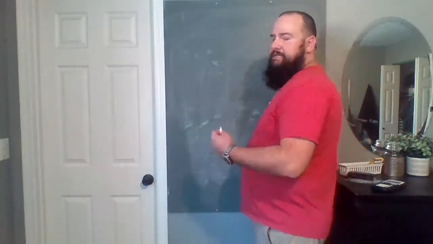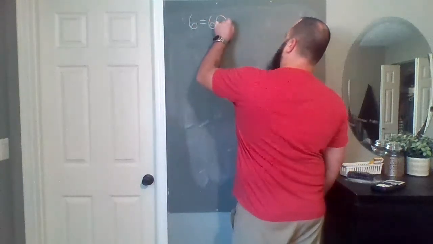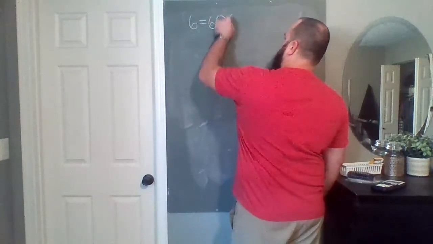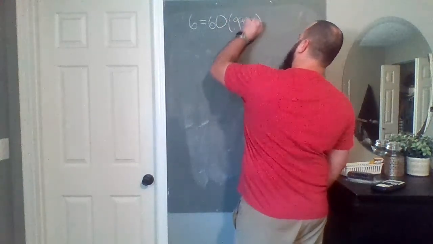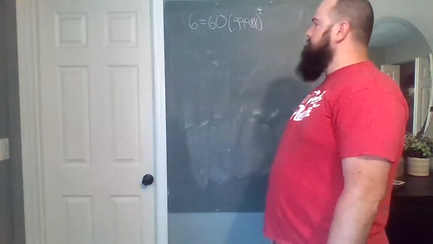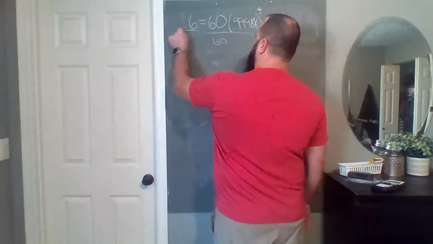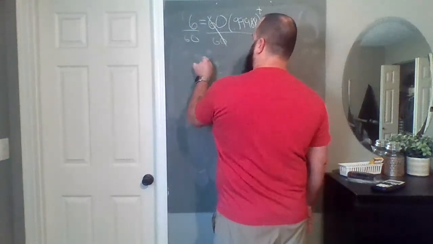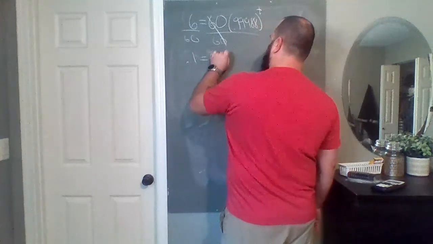So that means I need to solve this. So divide by 60. 0.1 equals 0.99988 to the t.